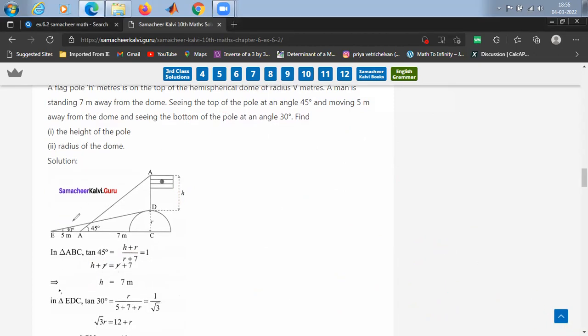They are taking the triangle EDC now. They are taking this triangle. Again, they are applying the tan theta ratio. So tan 30 degree is equal to opposite by adjacent. DC is opposite, isn't it? And what is DC? DC is radius. And adjacent is E to C. And what is EC?